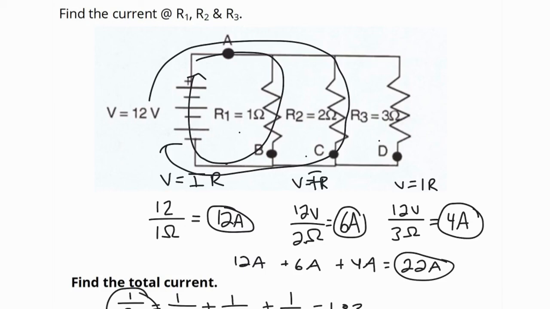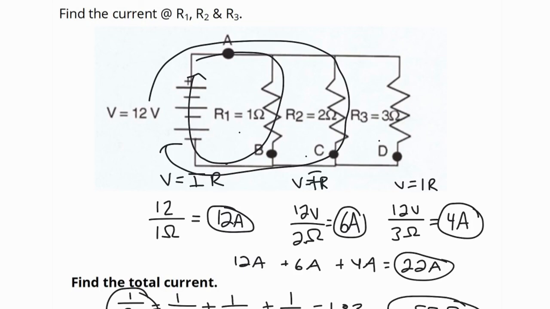So I need to hit the x to the minus 1 button, or take the reciprocal of it. If I go x minus 1, I take the reciprocal of it, and I get a total resistance of 0.55 ohms. There's my total resistance.